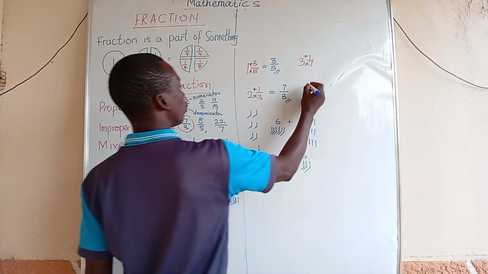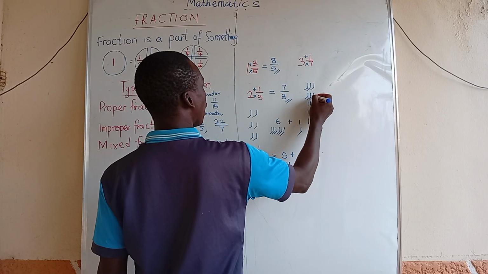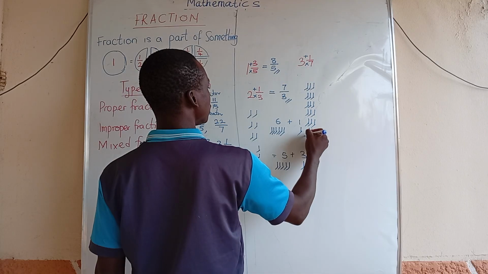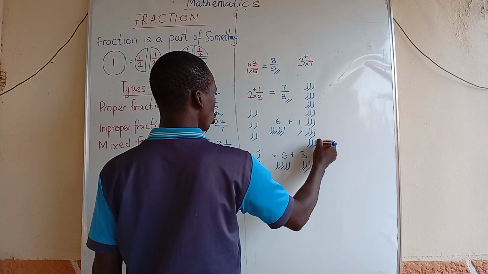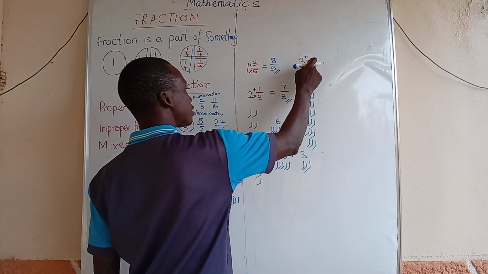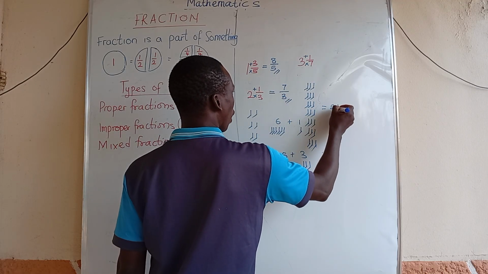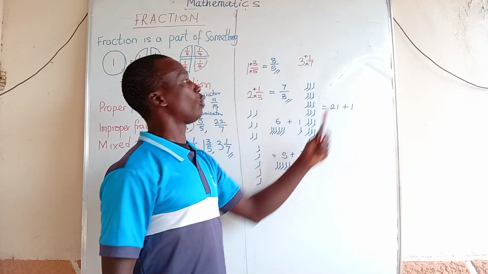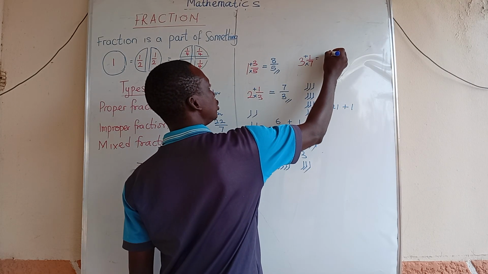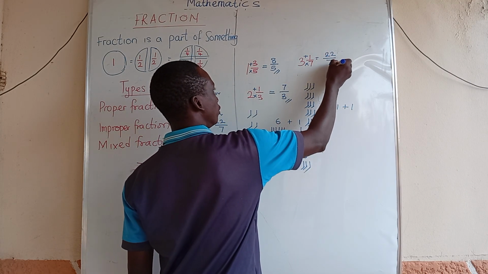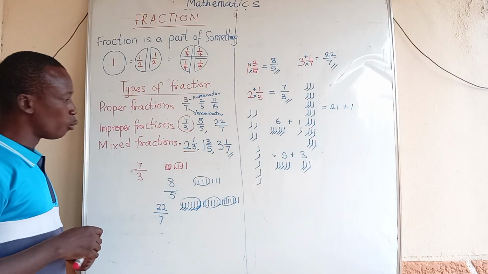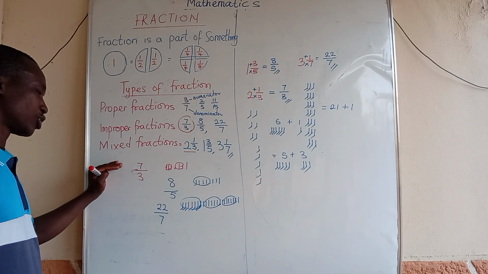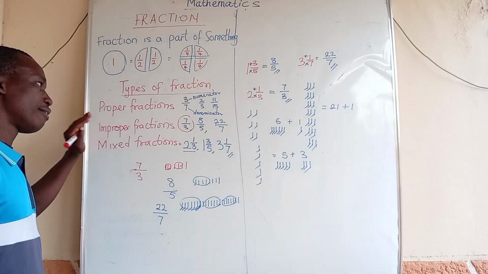Then we'll count it together, 1 to 21. So 3 times 7 equals to 21, then plus 1. That means we count 21 and we add 1, which will give us 22/7. So that is the simple way of converting a mixed fraction to improper fraction.